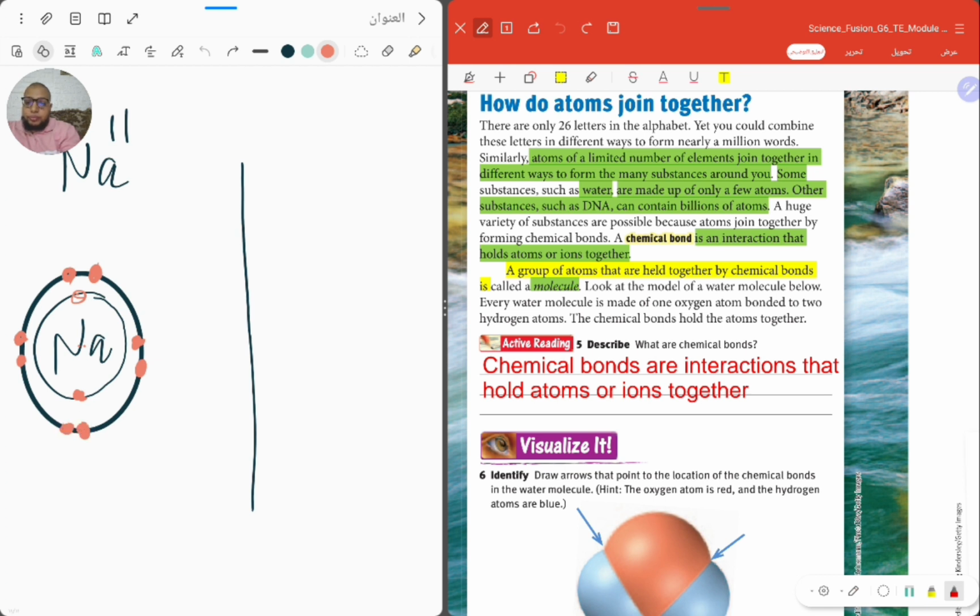Okay, and the last level will take only 1 electron. I will make it with green color. So that's the valence electron.